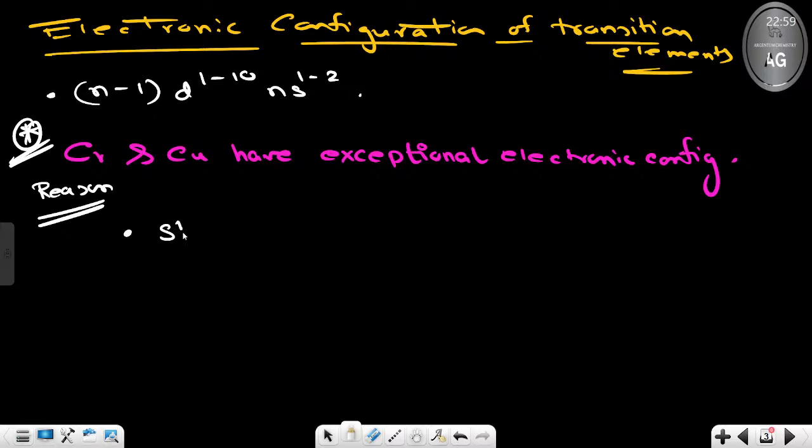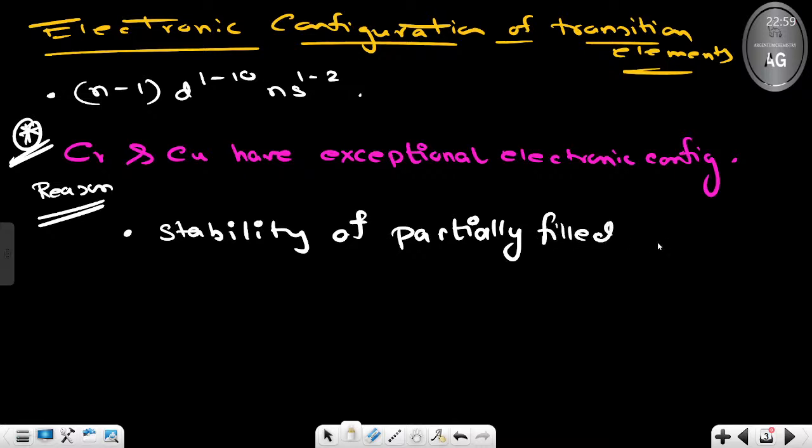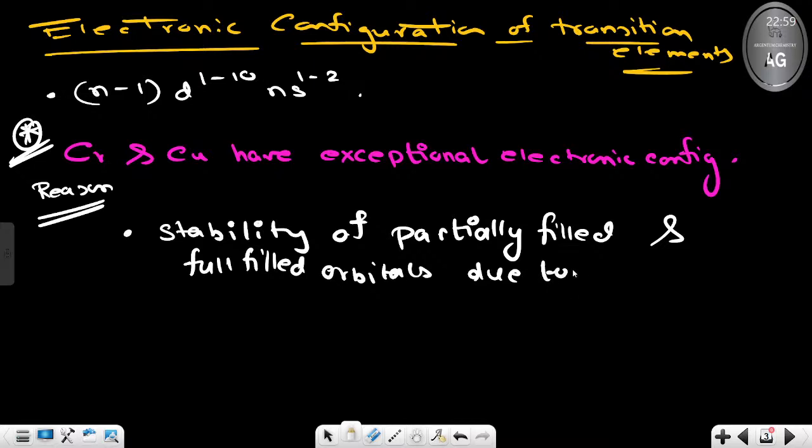The reason is the stability of partially filled, half filled and fully filled orbitals. Why are they stable? They are stable due to higher exchange energy, which has been discussed in class 11 chemical bonding.